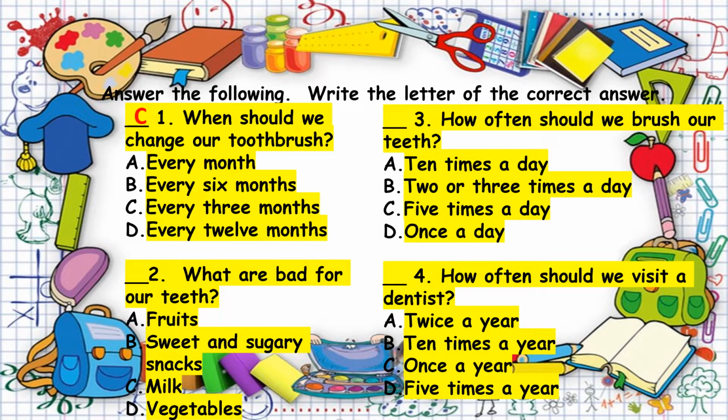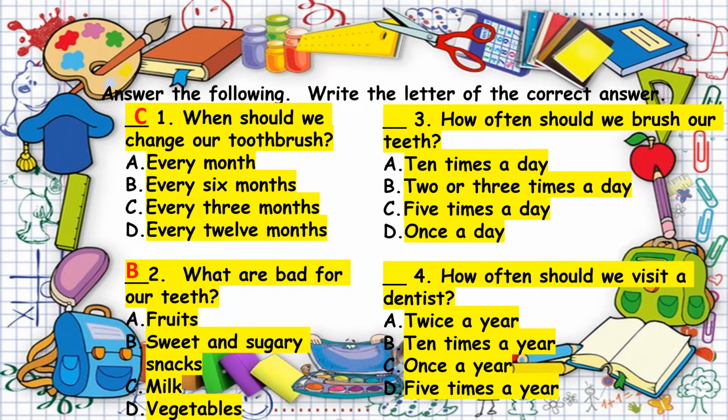Number 2, what are bad for our teeth? A, fruits, B, sweet and sugary snacks, C, milk, or D, vegetables. It's B, sweet and sugary snacks. 3, how often should we brush our teeth?